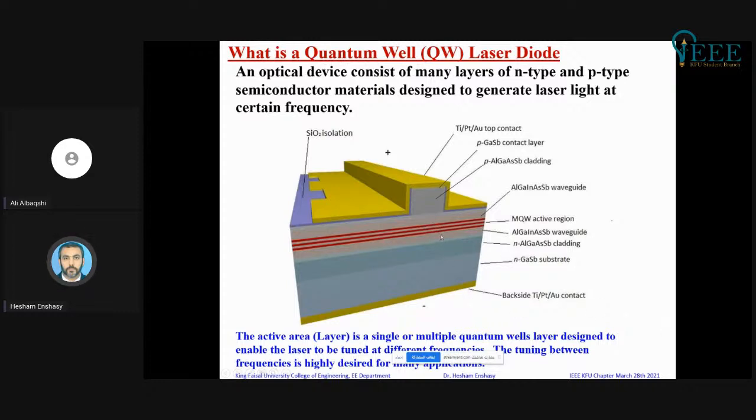This red layer here is called the active region, and this active region could be bulk, basically just a slab piece of indium phosphide or gallium arsenide material, not doped and sometimes slightly doped. It could be a single quantum well, it could be multiple quantum wells.